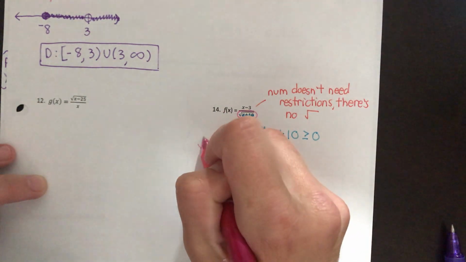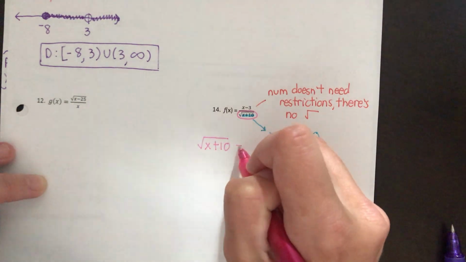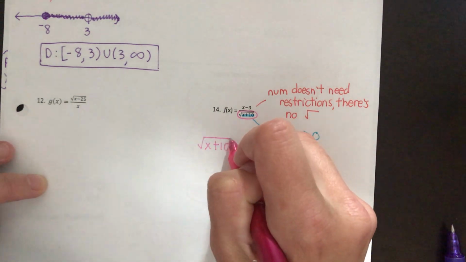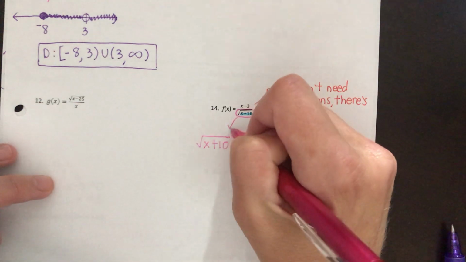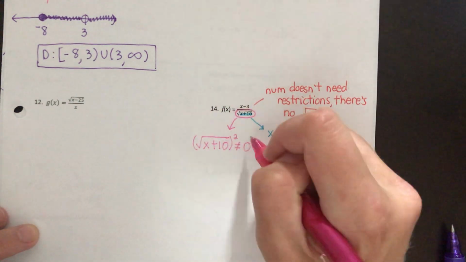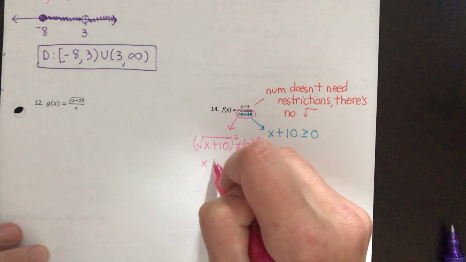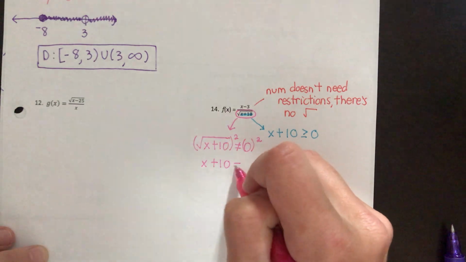What's in the denominator is the square root of x plus 10, and that cannot equal 0. So in this case, we square both sides.